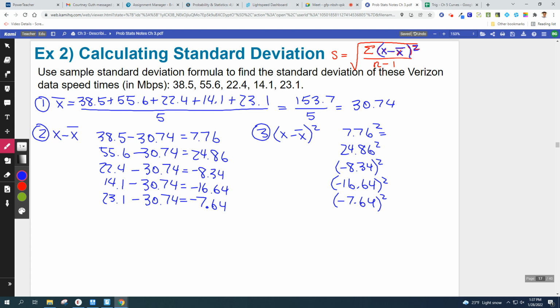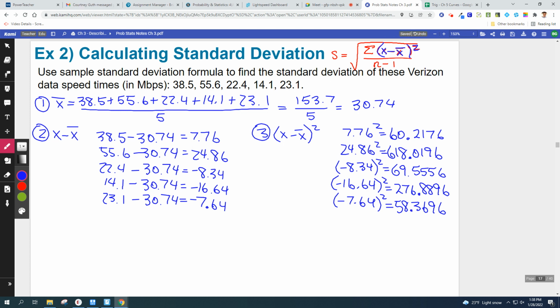So once I square those numbers, 60.2176, 618.0196, 69.5556, 276.8896, 58.3696.